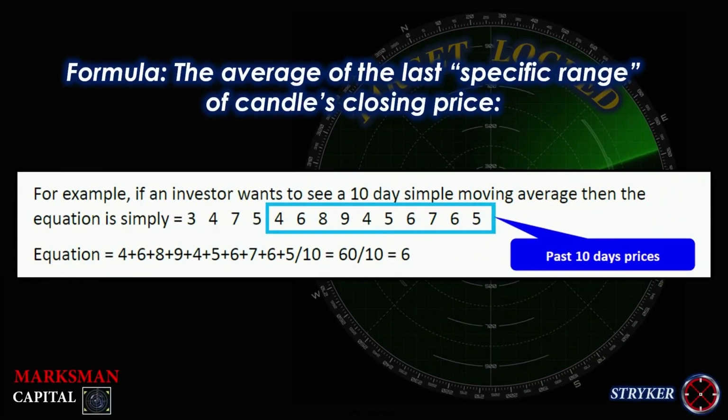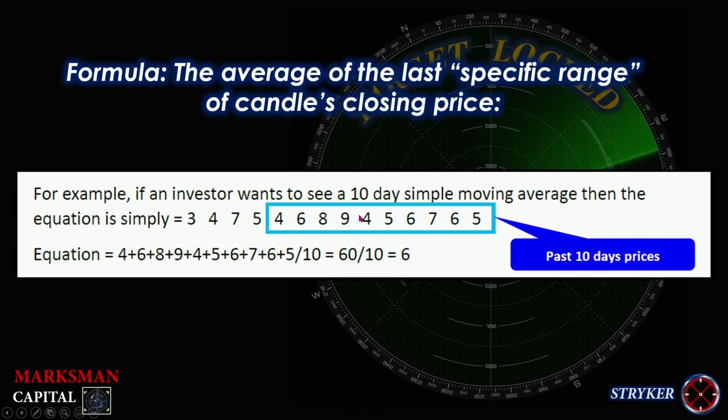Okay, now here's a conceptual formula. When we talk about a moving average, it is actually the average of the last specific range of candles' closing prices. Right? It takes the average of the candles' closing prices.